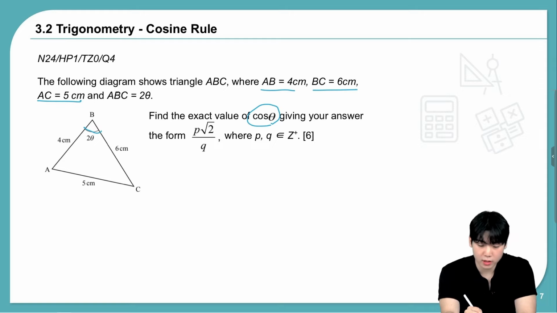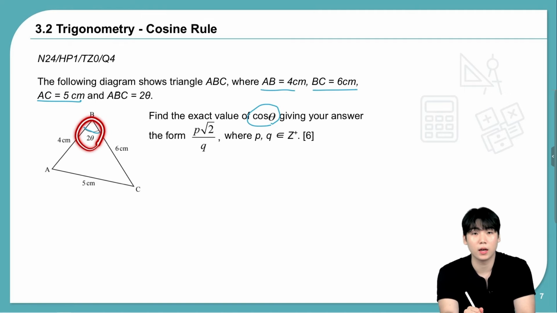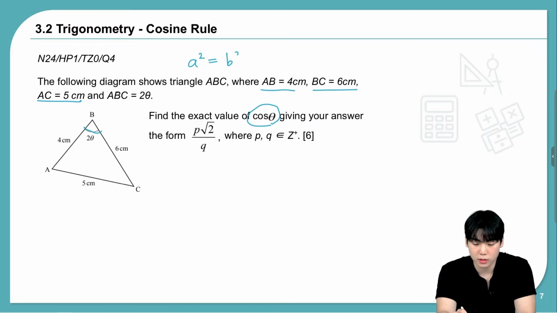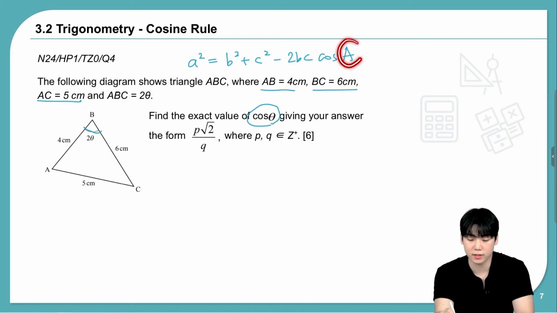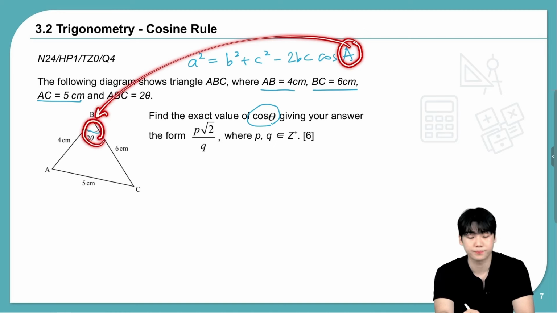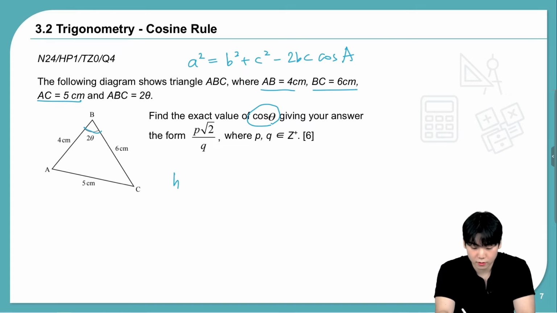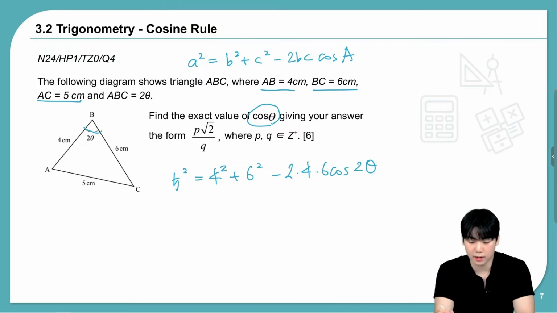Since I'm using this angle right here, 2 theta, I'm gonna use 5 as the opposite. So applying the cosine rule, let me just rewrite it. It's a squared is equal to b squared plus c squared minus 2bc cosine a. Okay, and this a here is going to be our angle 2 theta. So we have 5 squared is equal to 4 squared plus 6 squared minus 2 times 4 times 6 cosine 2 theta.